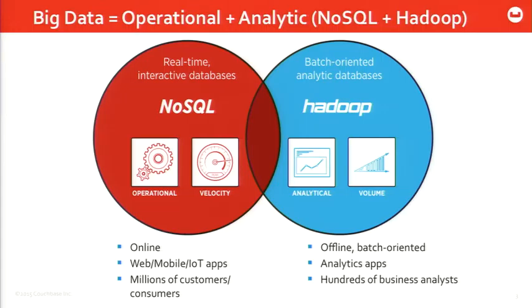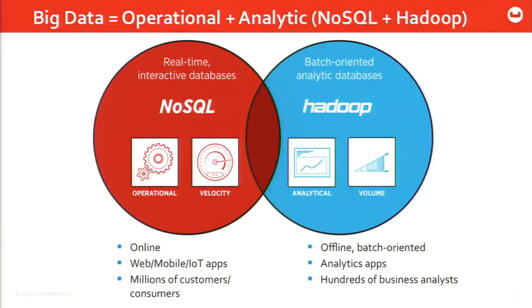So in the grand scheme of things, big data is an overloaded term. It means many things. But there are two key areas of big data. One is the analytics side, and that gets a lot of attention with Hadoop and the Hadoop ecosystem around it. But there's also the operational side of big data, which is where NoSQL fits in, and which is where Couchbase fits in.